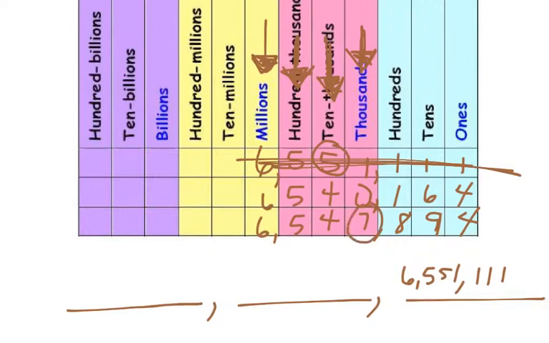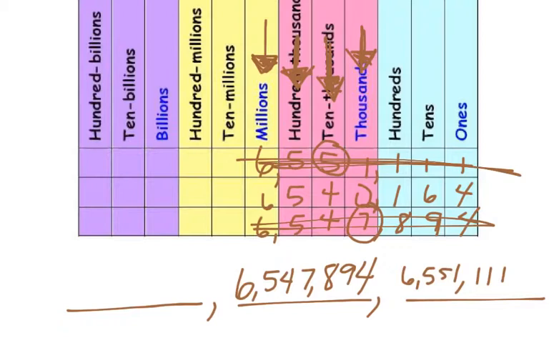Therefore, 6,547,894 would be the second largest number. So I would write that in the middle. 6,547,894. And since I've ruled that one out, I know that the least number, the smallest number, is my 6,540,164.